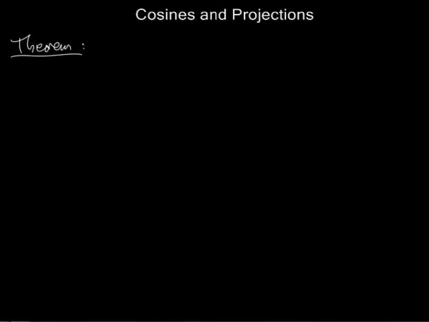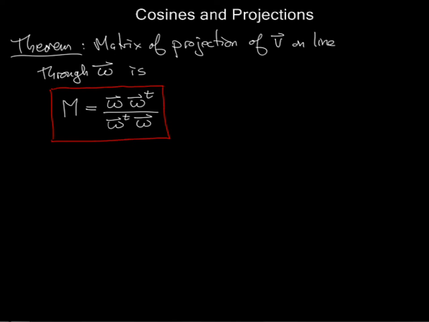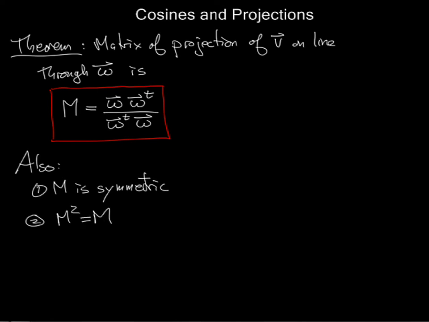And so let's state the theorem now. The matrix of a projection, which is to say you want to project a vector v onto a line through a given vector w, the matrix of this operation is w w transpose over w transpose w. And I'm also going to state that this matrix is symmetric, and it satisfies the property that when you square it, you get itself again.